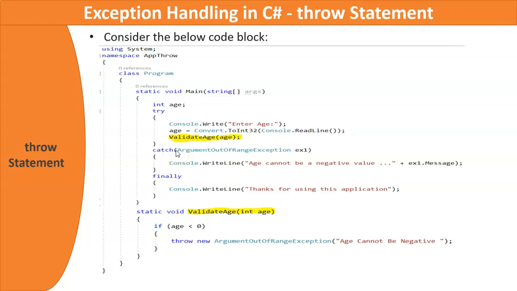The program control will jump to finally, and this statement will get executed. And that's the case when the exception is thrown also. We had discussed it. In either case, the finally block will get executed. That means whether an exception is thrown or not, the finally block will get executed.